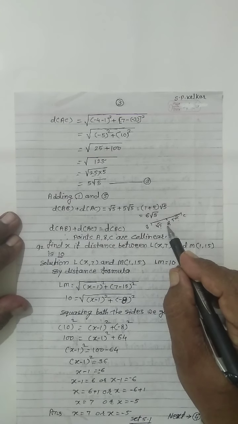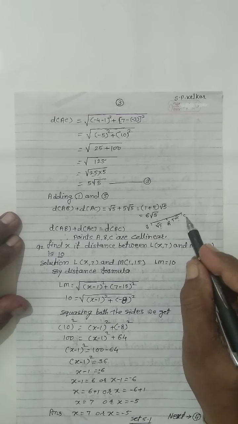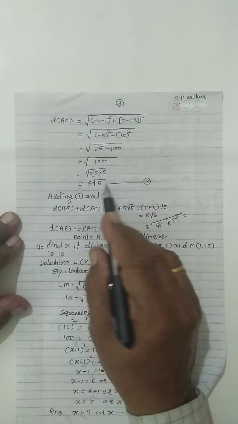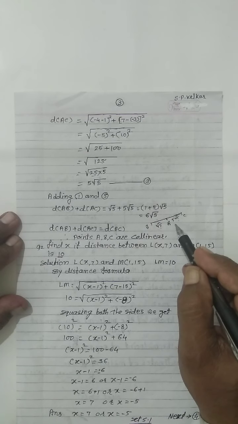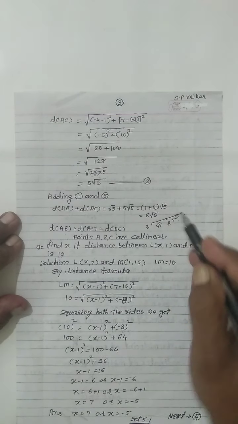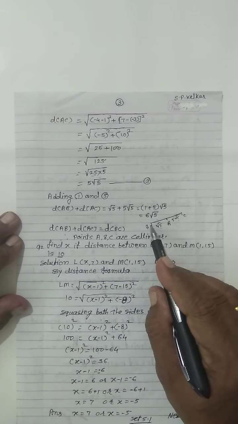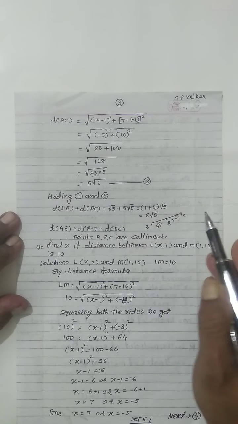AB equals under root 5 and AC equals 5 under root 5. Then the sum of these 2 equals 6 under root 5, that is the length of BC, means from B to C equals 6 under root 5.